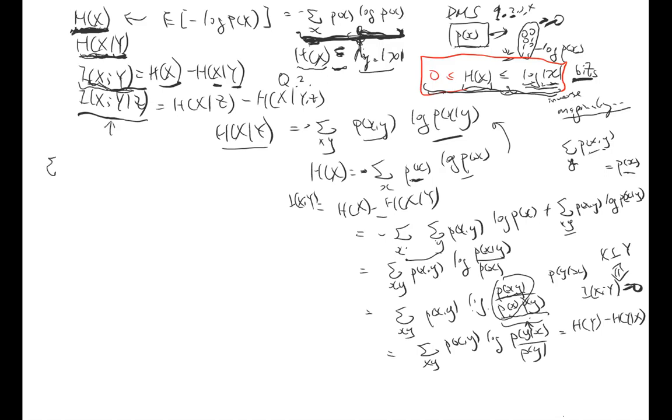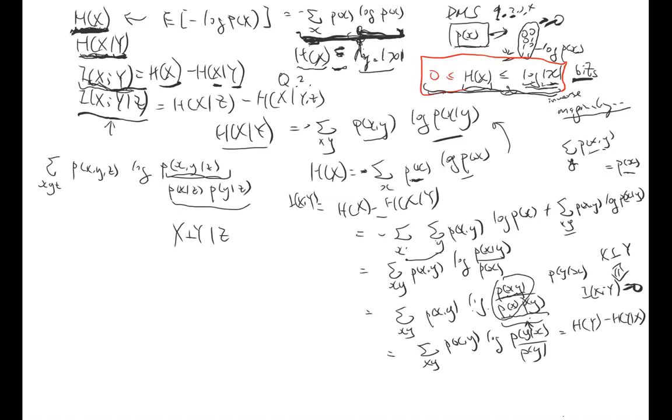This one will be basically equal to the summation over x, y, and z of p(x,y,z) log p(x,y given z) over p(x given z) p(y given z), something like that. And again, if you read this, immediately you see that if x and y are conditionally independent given z, then the numerator and the denominator are the same. So therefore, I(x;y given z) is equal to 0.